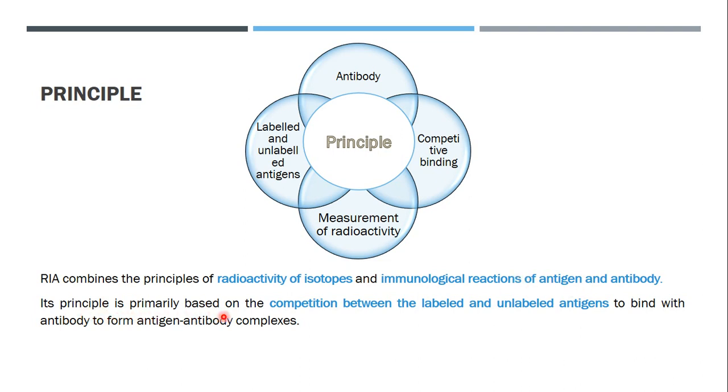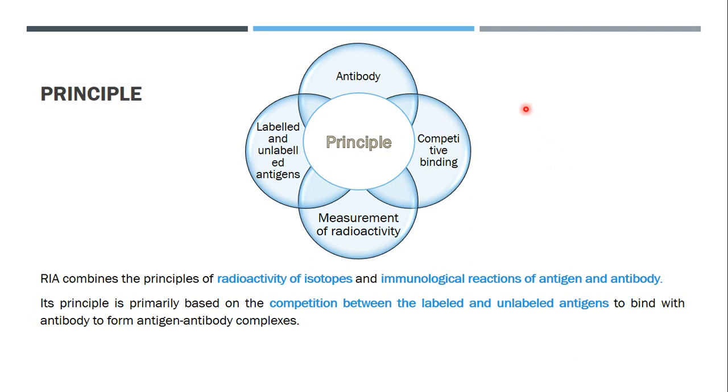Its principle is primarily based on the competition between the labeled and unlabeled antigen to bind with the antibody to form antigen-antibody complexes. Okay, so here there occurs a competitive binding between labeled and unlabeled antigen to bind with the antibody. Now you know that antigen and antibody, they combine to form a complex.